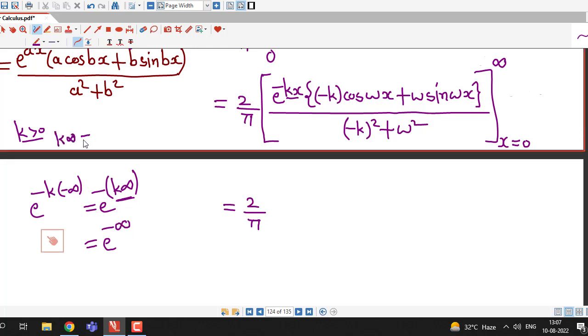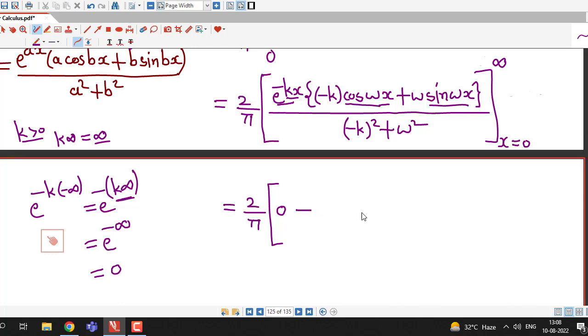Because k is positive, if we multiply infinity by positive real number, we have infinity, and we know that e raised to minus infinity is 0. So for x equal to infinity, this term will become 0. This function is having 0 value if we take x tending to infinity, because cos and sin are bounded, their values are always less than or equal to 1, and here we have 0 as x tending to infinity.